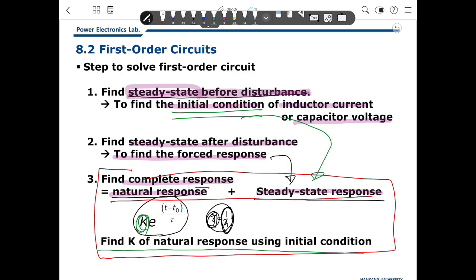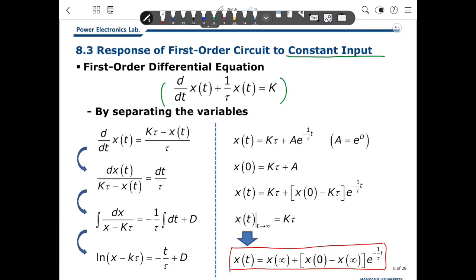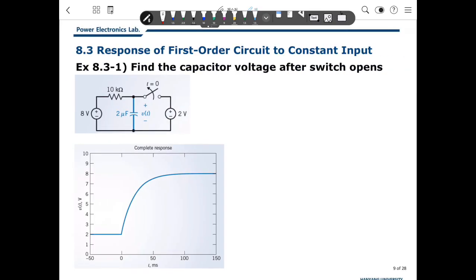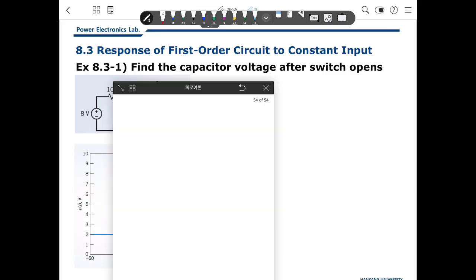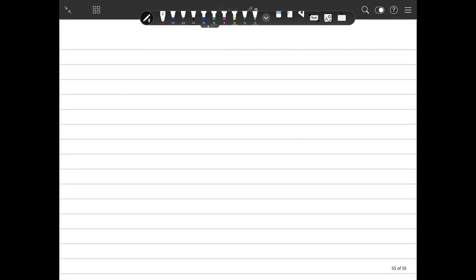This is good. But when you want to get the step values here, if the source is a constant, then you can use this equation. This is a different approach here. So this is the example. I will give you a solution step by step.